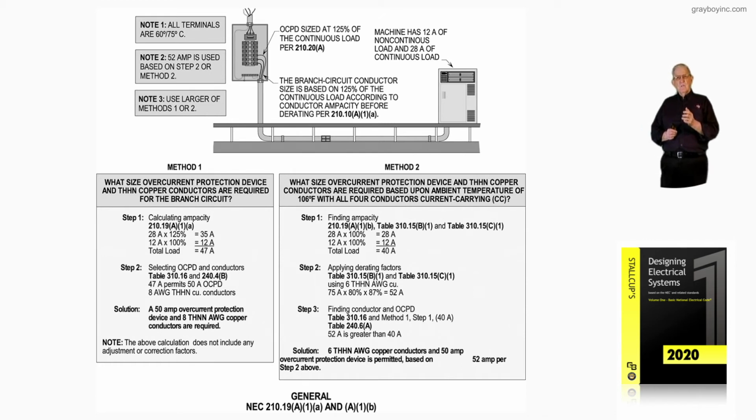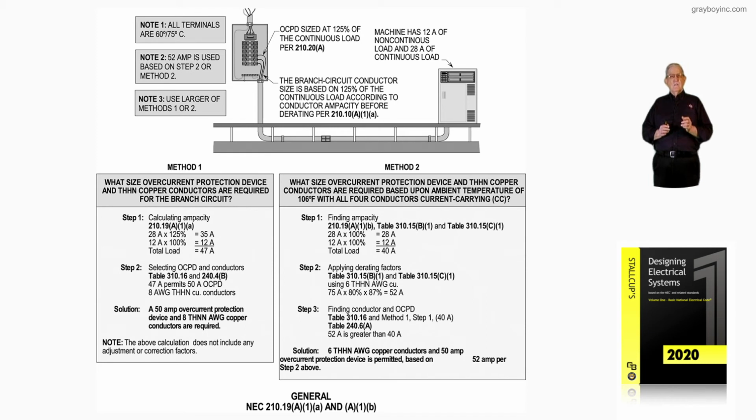So we would have to use a number 6 THHN copper conductor, and in the 90 degree C column, they are worth 75 amps to us. So a number 6 would be selected, protected at 50 amps, a 50 amp overcurrent device, as permitted based upon step 2.